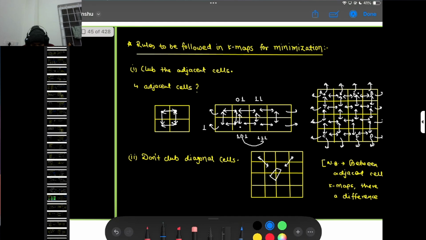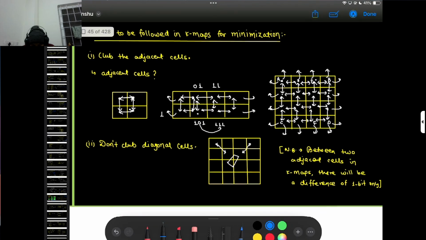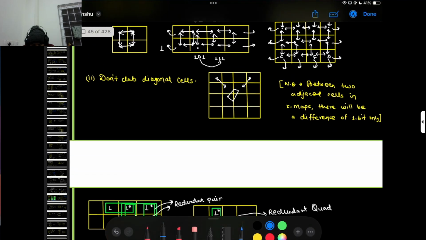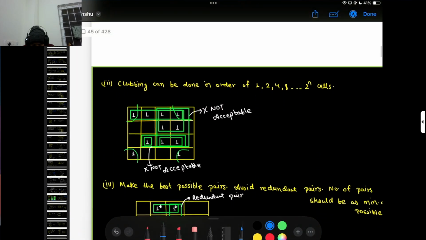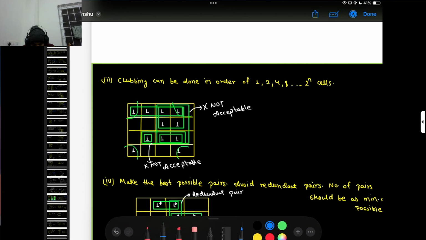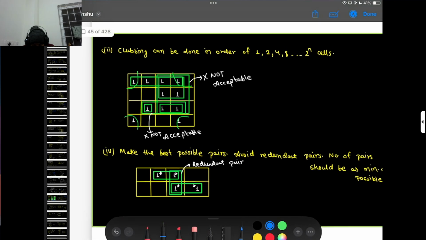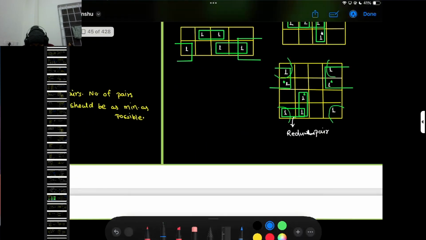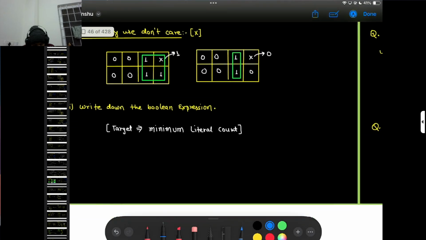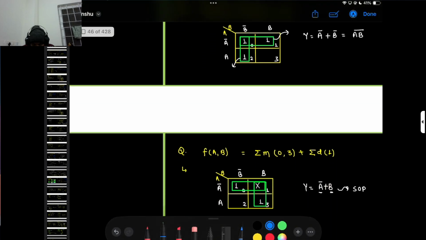Rules to be followed in K-map for minimization. There are some rules, so you can do only squares, not other than that. Grouping can be done in order of 1 to 3. So these are the types of how to make boxes to minimize the circuit.